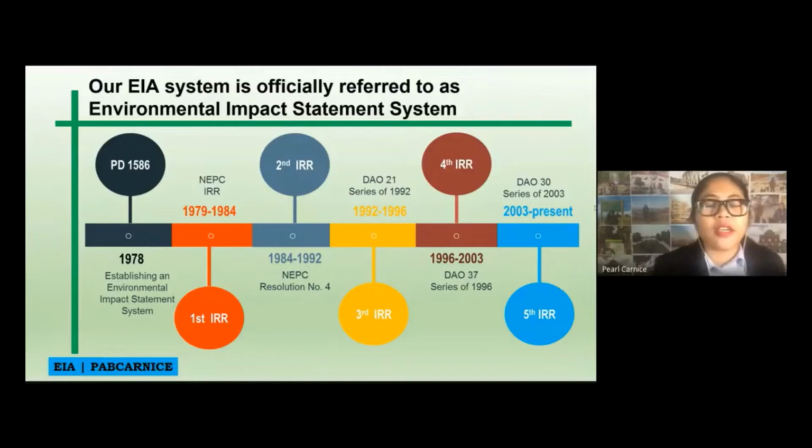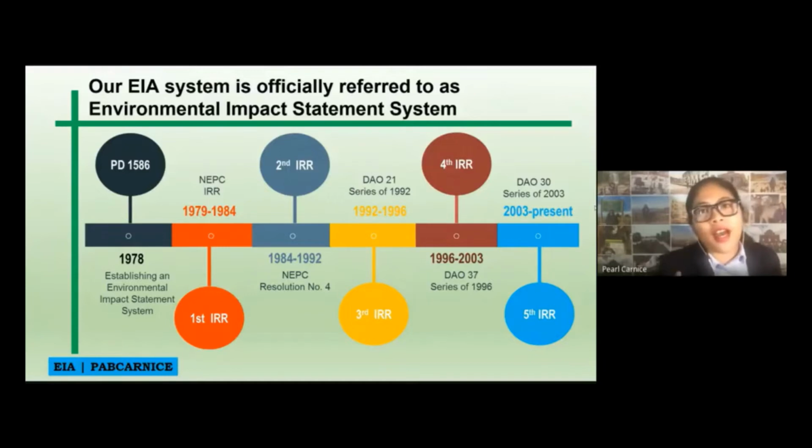IRR means Implementing Rules and Regulations. NEPC means National Environmental Protection Council, which is now EMB. The second IRR was in 1984, which is Resolution Number 4 from NEPC.